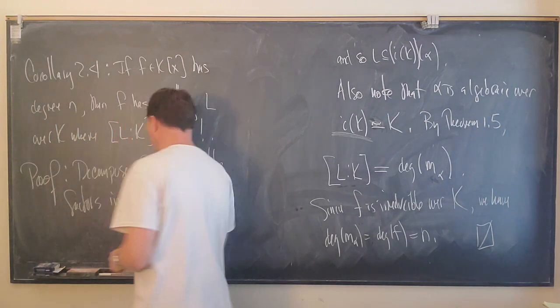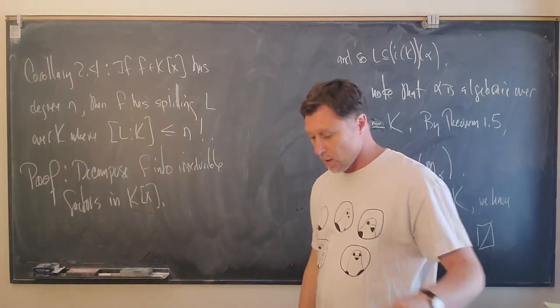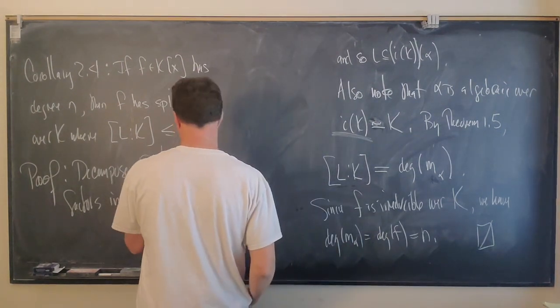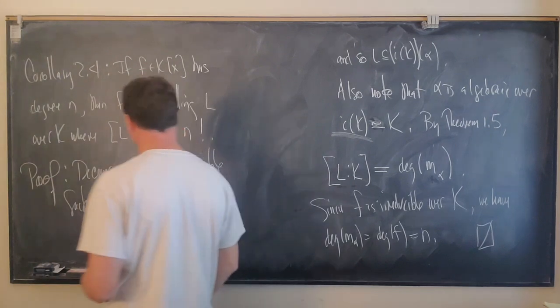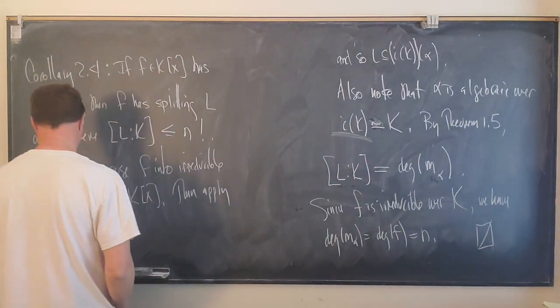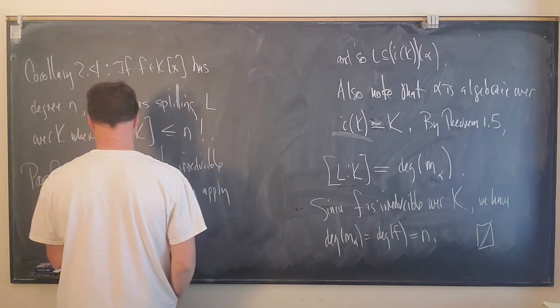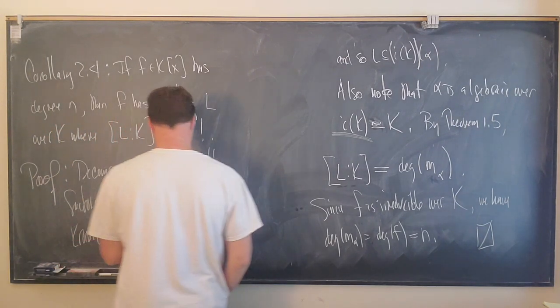Split it up as far as you can, but only into polynomials that still live in k bracket x. Then apply Kronecker to each factor, inductively.